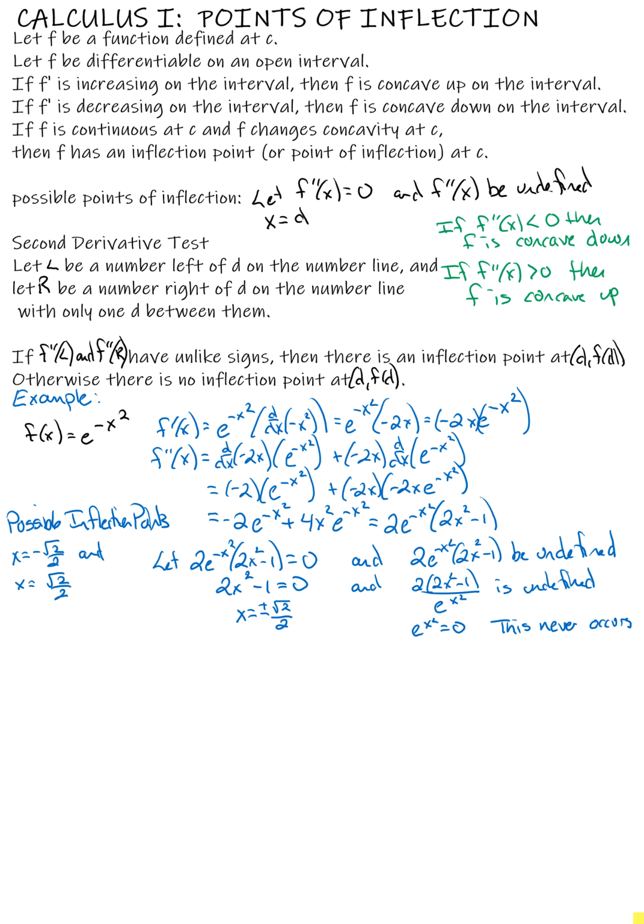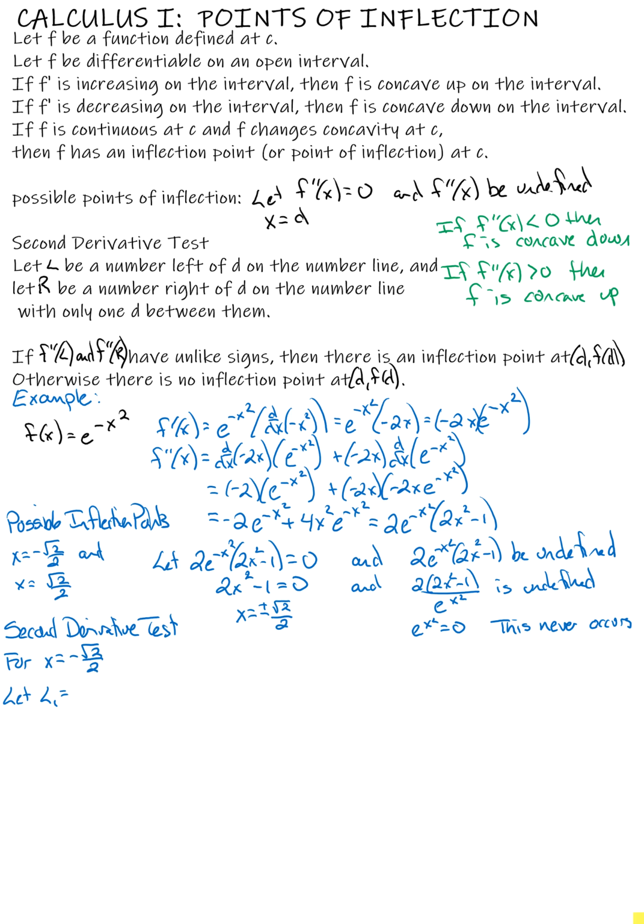All right, so now let's dive into our second derivative test. Okay, so we'll start with x equal to negative square root of 2 over 2. We need to pick something to the left and something to the right, our L and our R. I'll call this L1 and R1. We'll let L1 equal something smaller than negative square root of 2 over 2.